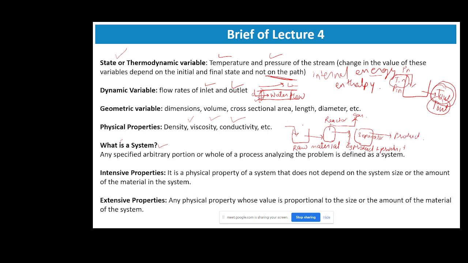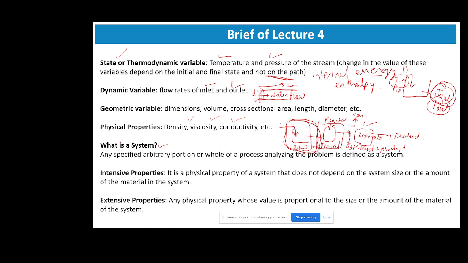When you are doing any calculation, this can be your system on which you are doing the calculation, so that you are not considering any other part. It can be just this simple part, or when you are doing it for this part, it can be your system, or this also can be your system.